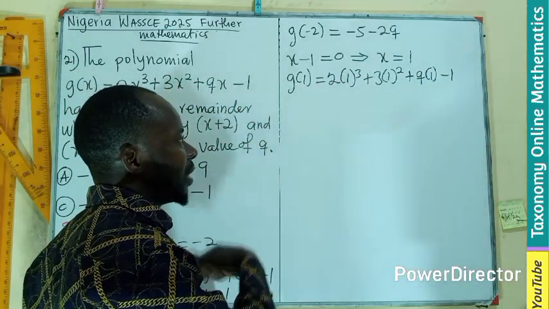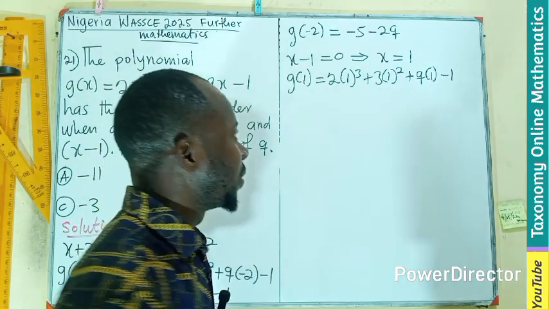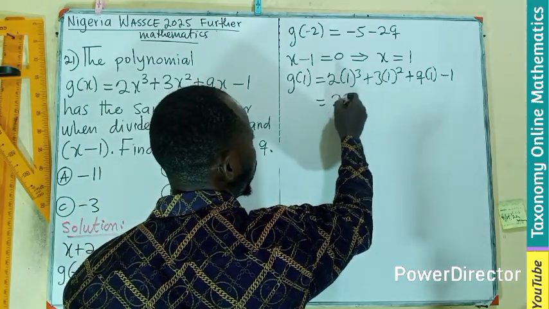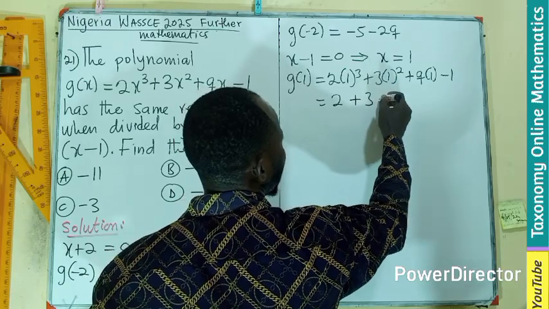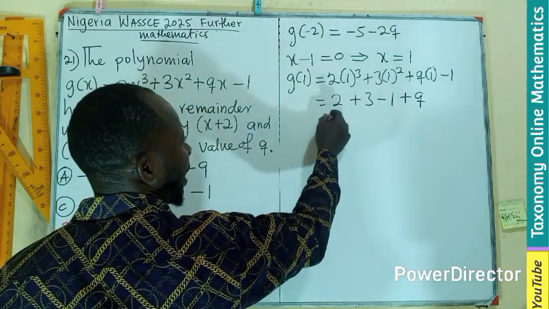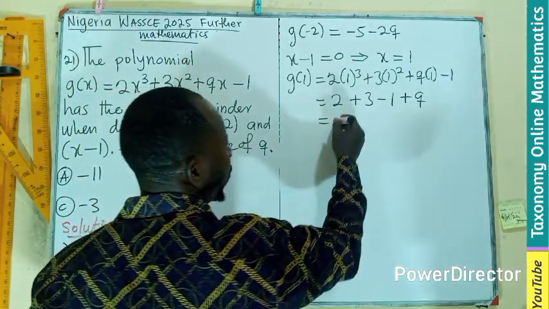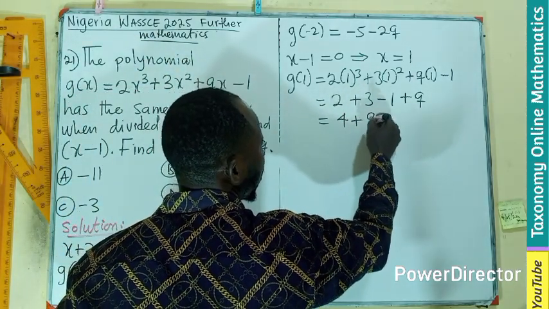Let's simplify that further. 1 to the power 3 or 2 remains 1. So this is just 2 plus 3 minus 1 plus q. And by that, we have 5 minus 1 will be 4, so 4 plus q.